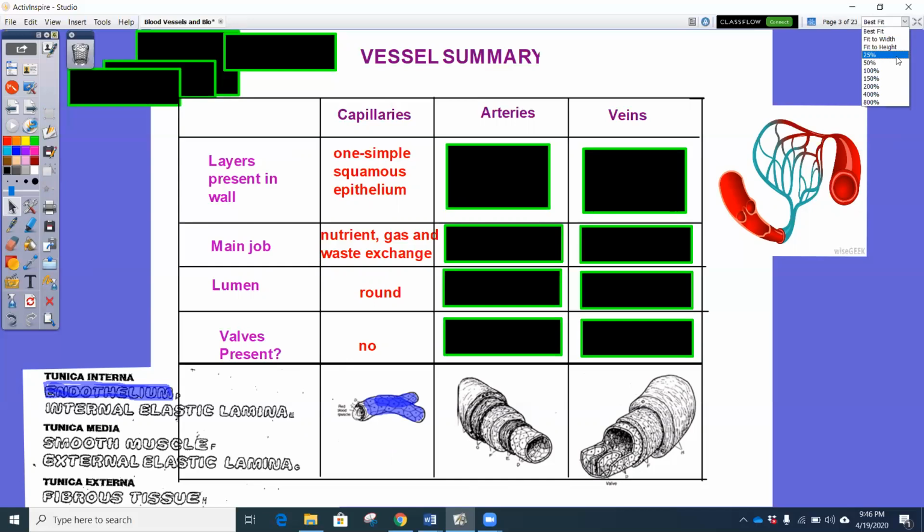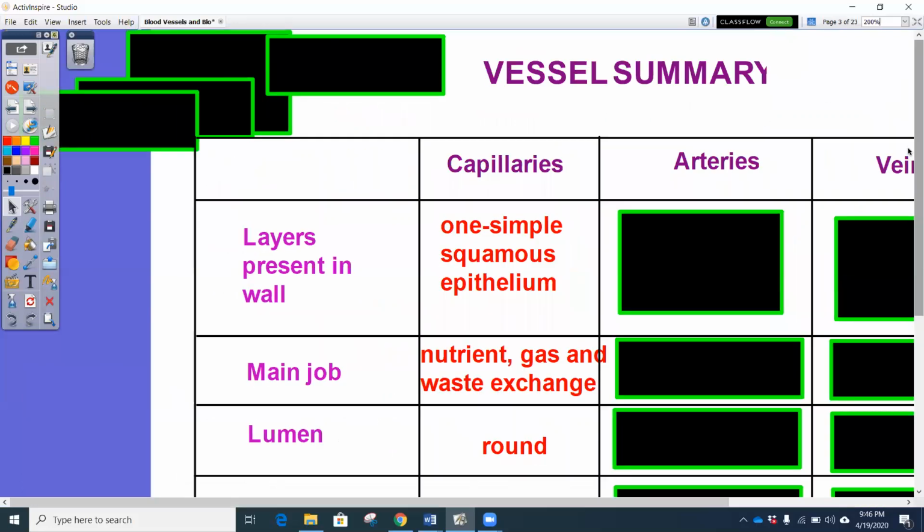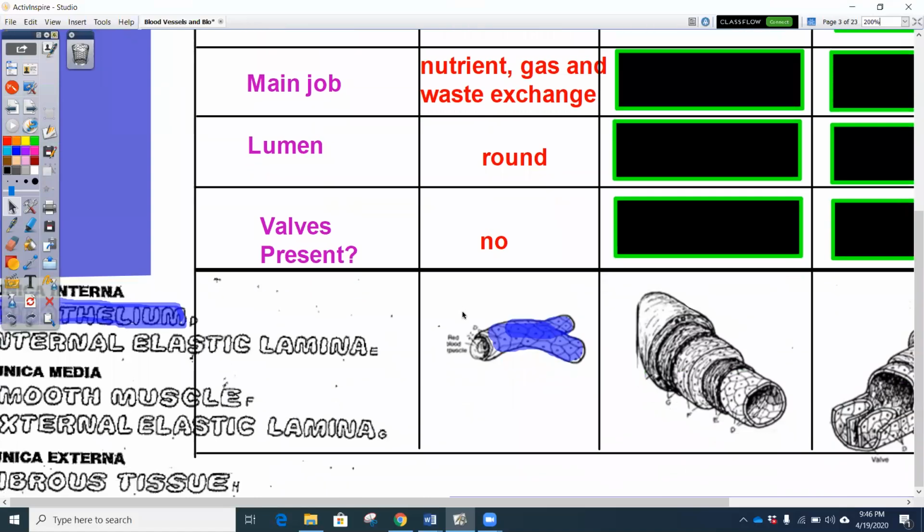So if we zoom in a little bit, you can see that there is only one red blood cell, only one erythrocyte that can fit through this capillary at a time. We cannot surge a lot of blood volume through that capillary at a time. We're down to the cellular level in this picture, or in every capillary.